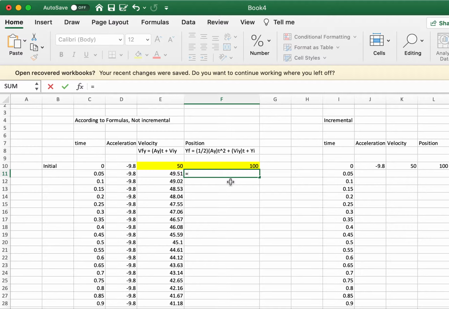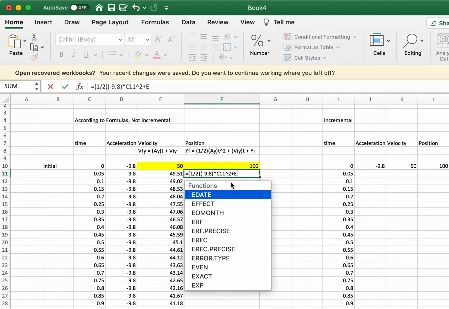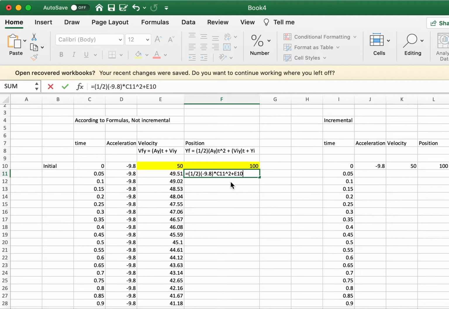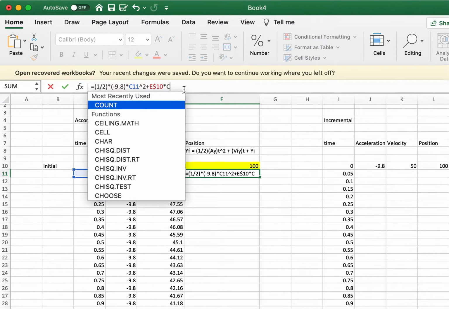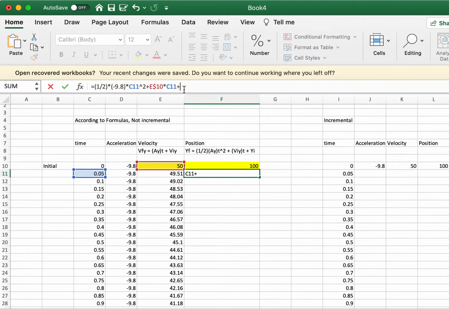So 1/2 times negative 9.8, times C11 again, and then we have to square that. Then we want to call up E10, which was the initial velocity, but it's got to be $10, times C11, plus F$10.